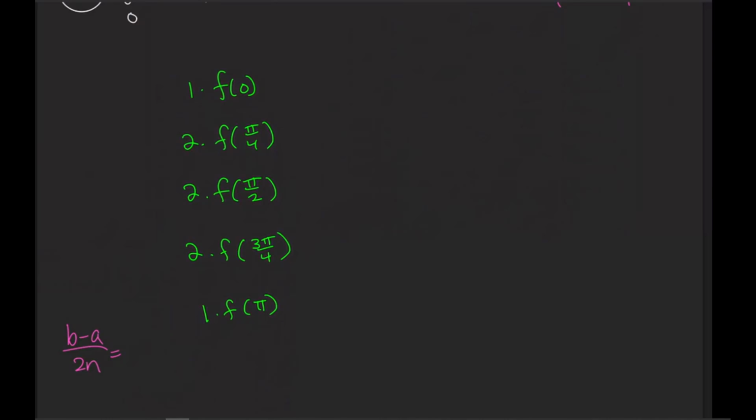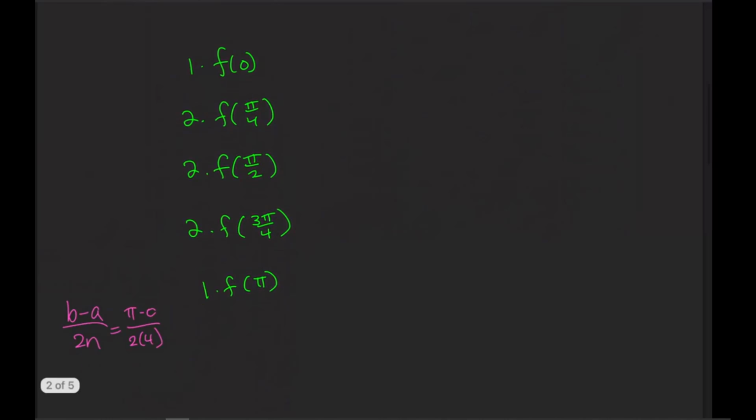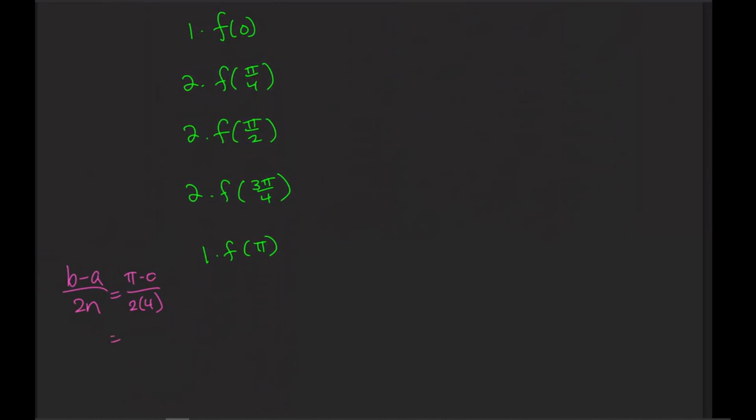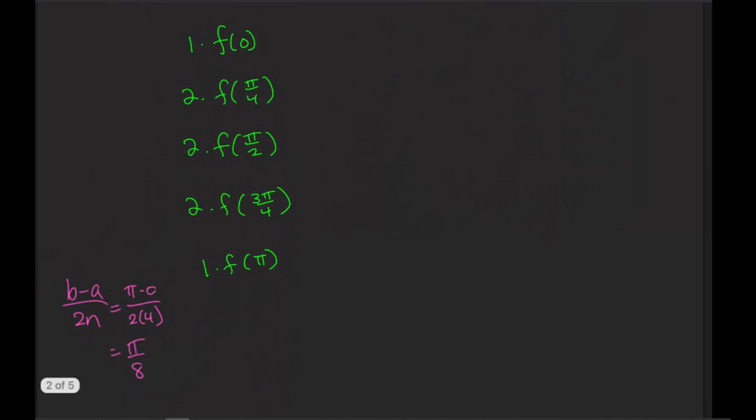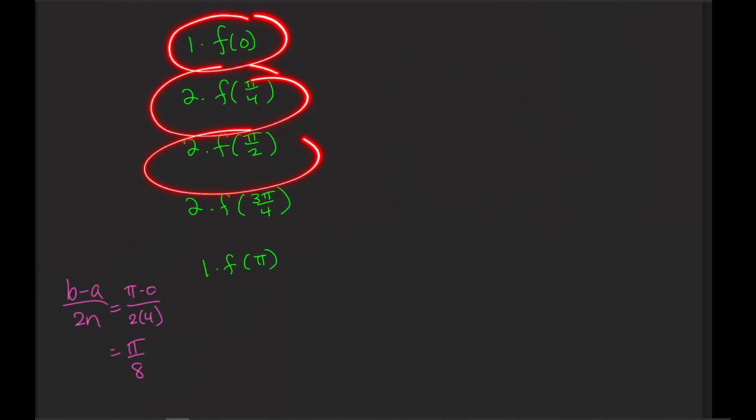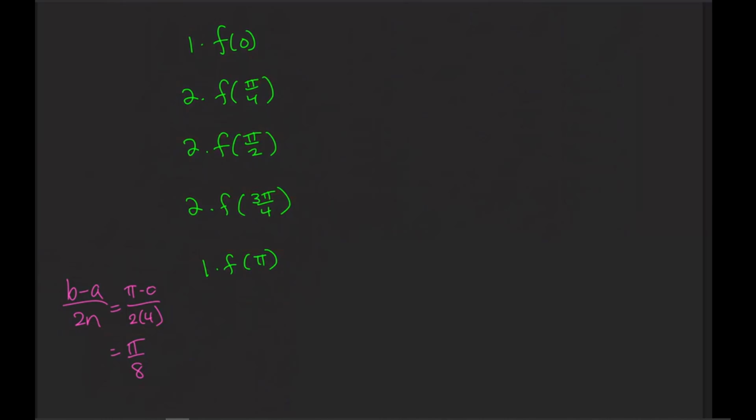So b minus a would be pi minus 0, over 2 times 4, which means I'm going to multiply this whole thing by pi over 8. So I'll figure all of these amounts, add them all up, and multiply by that. So let's figure those out.